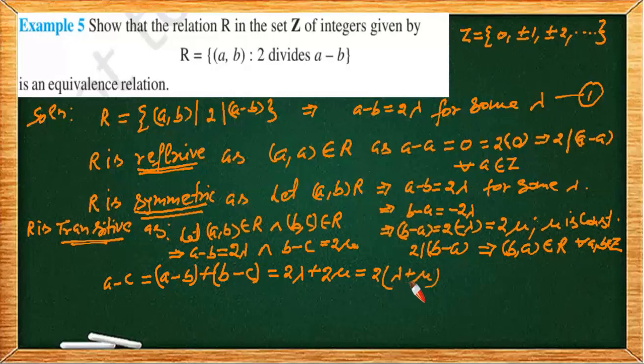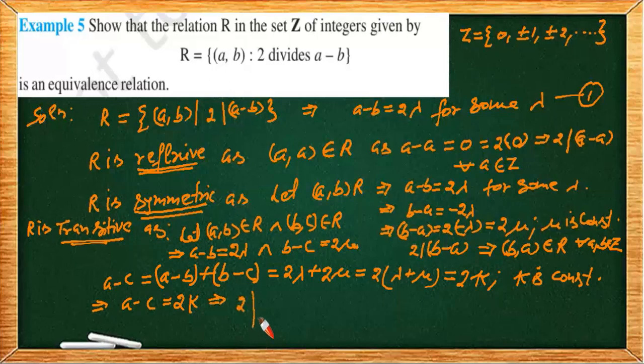We can take this lambda plus mu as K, some other constant, 2K, where K is any constant. So we see A minus C is 2K, which implies 2 divides A minus C. It means A is related to C.